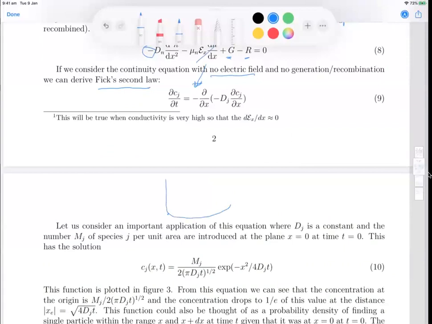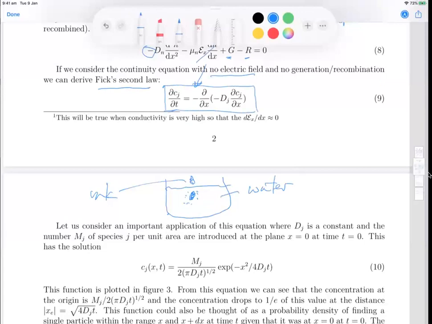Maybe one example is we can have a jar full of water and we drop in this water some ink. And then the carbon particles within the ink will start to move away, and we can use this equation to describe how they will move with time.